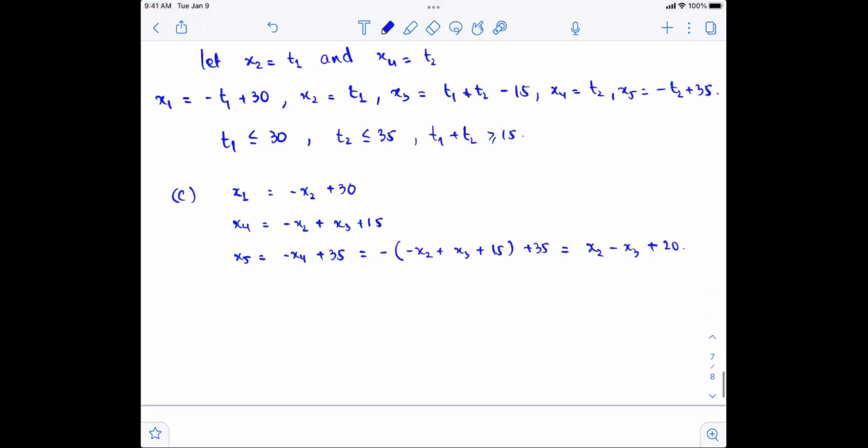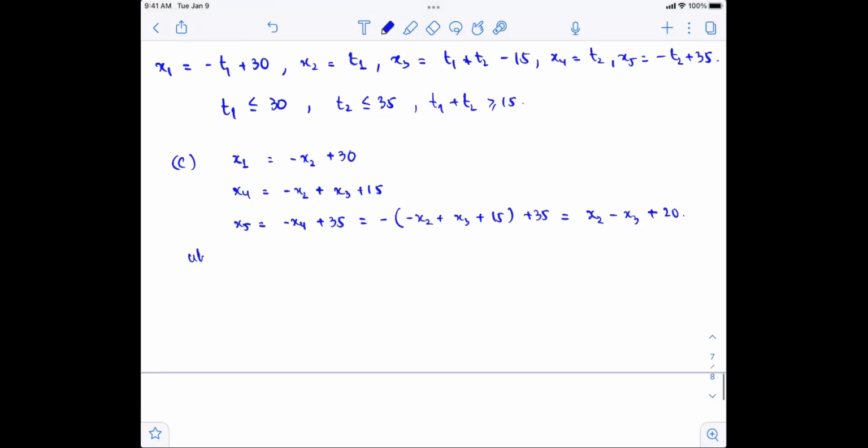All right. So in this part C, you want to know the traffic flow when x2 is equal to 20 and x3 is equal to 5. So when x2 is equal to 20 and x3 is equal to 5, then x1 is equal to negative 20 plus 30 equal to 10.